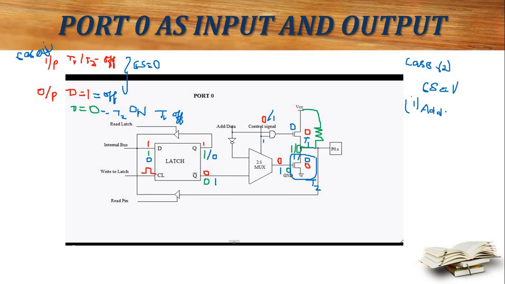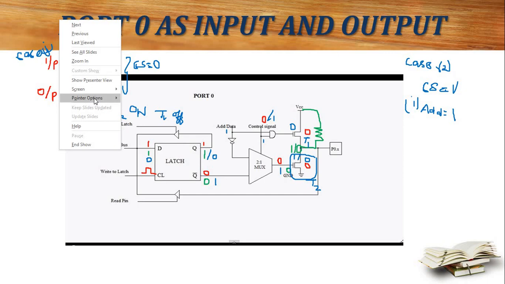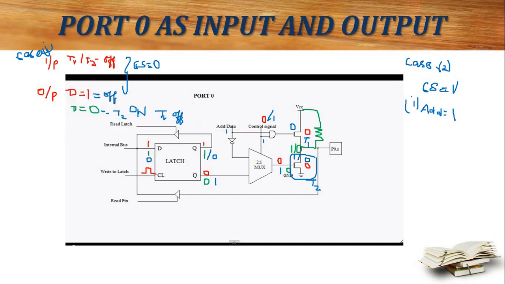I'm going to give 1 to this address line. So if it is 1, then there is a NOT gate present there, right? So a NOT gate is present here. So 1 turns to 0. When this is operating in control signal mode, we will get the output from the NOT gate to the mux. That will be sent to the mux.